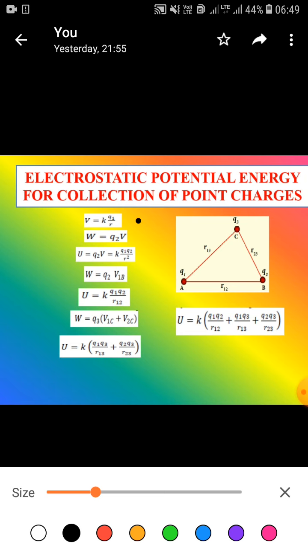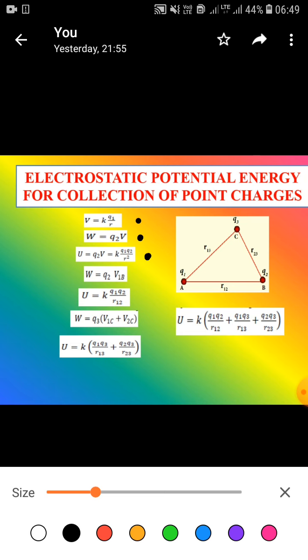The equation is W is equal to q2 V. That is, work done is equal to the product of charge and electric potential V. At the same time, this work done is stored as electrostatic potential energy U. So this can be written as U is equal to q2 V.